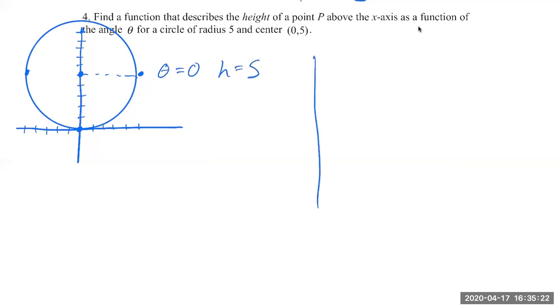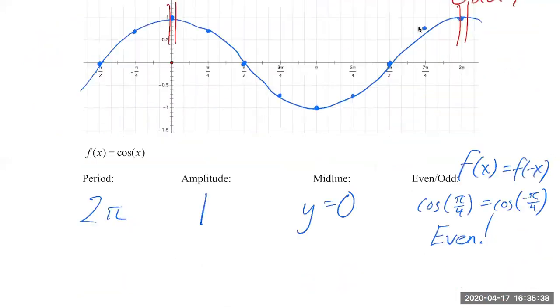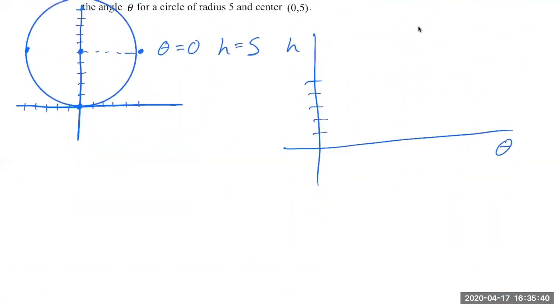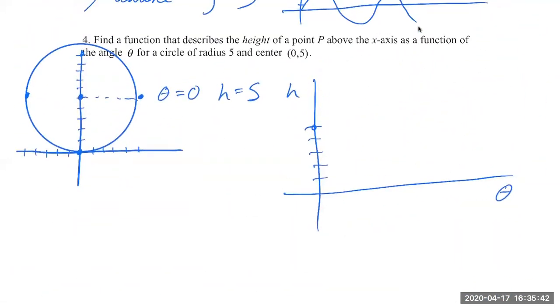So I'm going to start sketching a graph of this. This will be the height axis. This will be the theta axis. So when theta is 0, we're saying that height is 5.